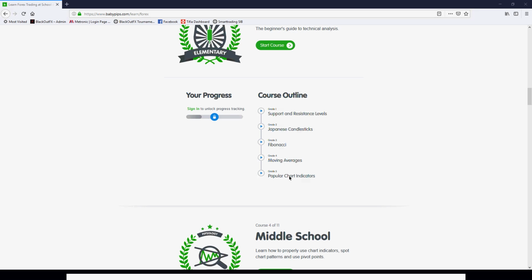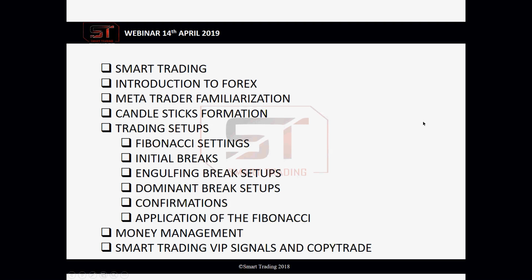All right. So let's go back to the main thing. We're going to do a little bit of MetaTrader familiarization again, just a quick one. I'm just going to change a little bit of the color just to make it a lot simpler for most of you.